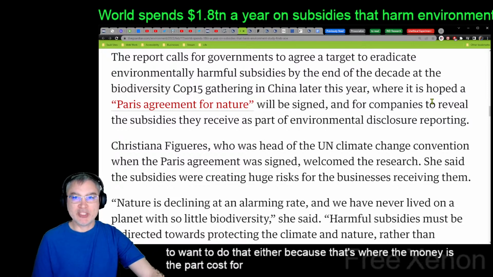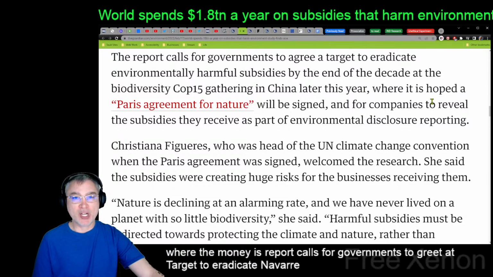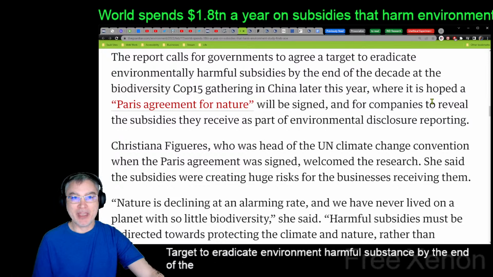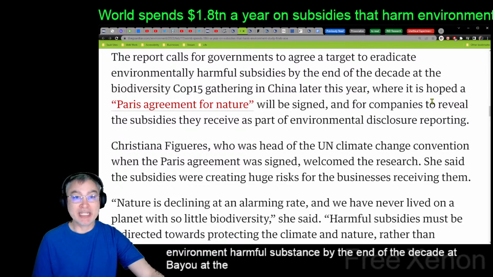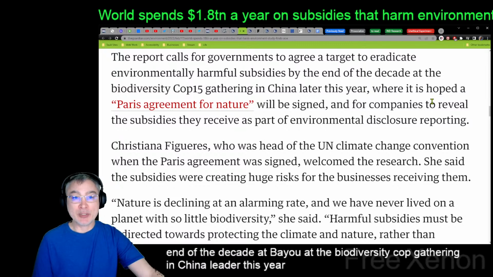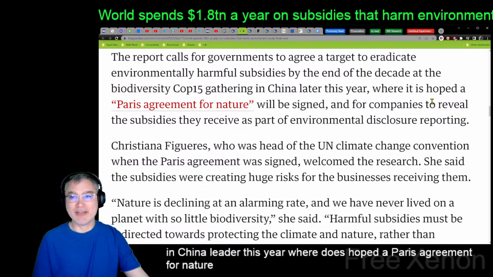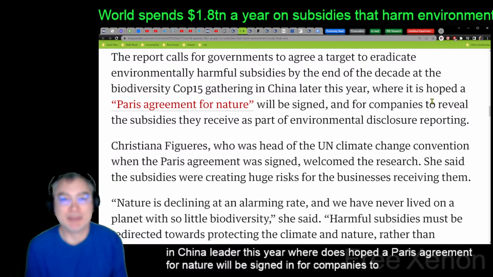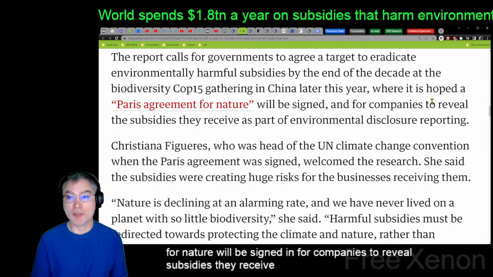The report calls for governments to agree a target to eradicate environmentally harmful subsidies by the end of the decade at the Biodiversity COP gathering in China later this year, where it is hoped a Paris Agreement for nature will be signed, and for companies to reveal the subsidies they receive as part of environmental disclosure reporting.